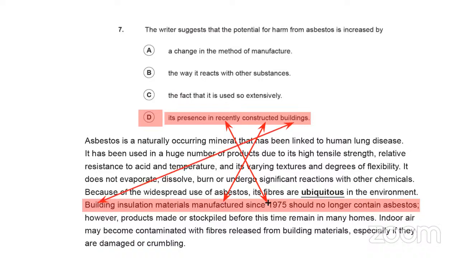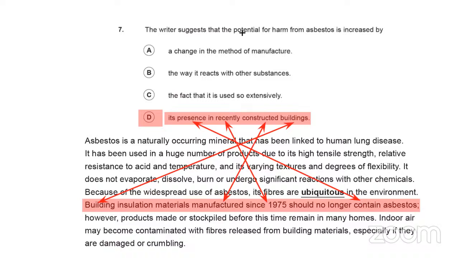Buildings constructed and insulation materials manufactured. So if they are manufactured and used, the buildings will contain. So its presence is not there. No presence. No longer. Presence means contain. If it is contained, it is present, but no longer.